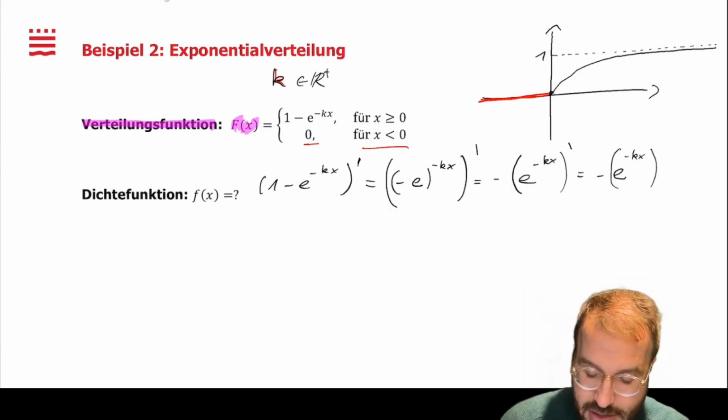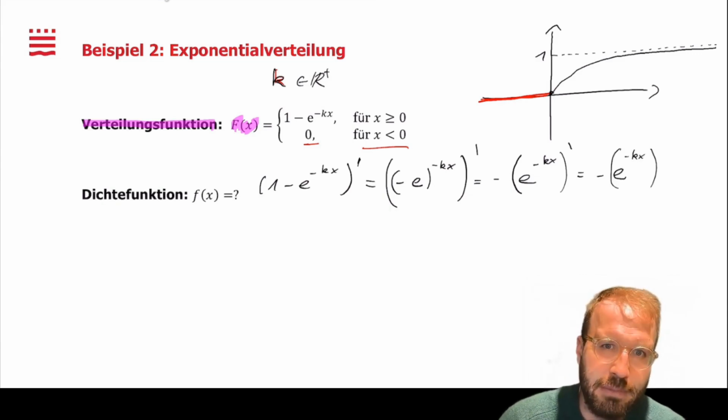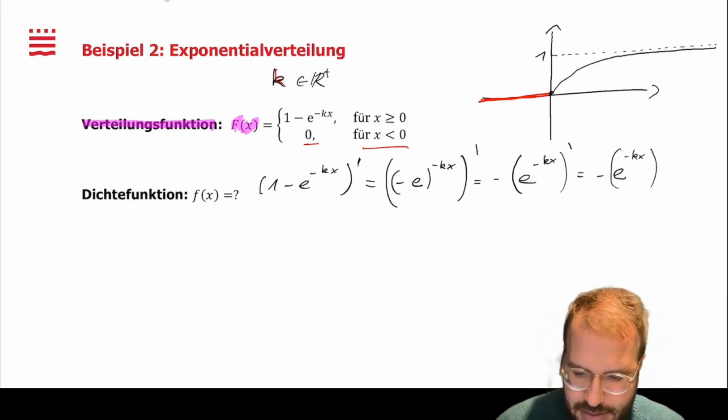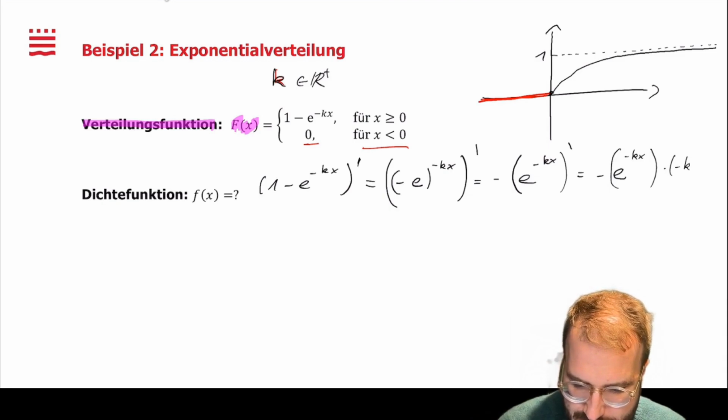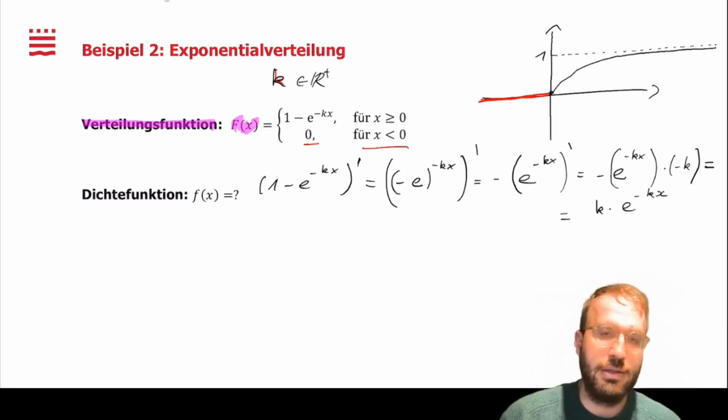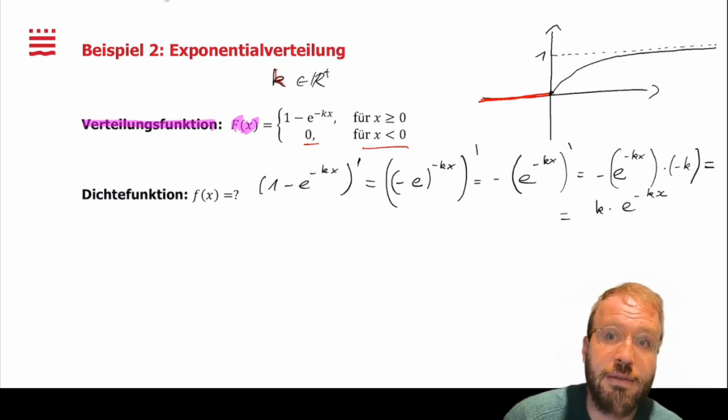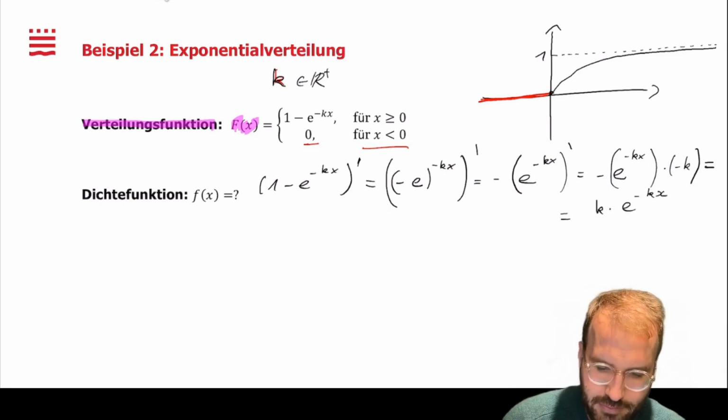The inner function is minus kx, and its derivative is minus k. So we end up with minus times minus k times e raised to the power of minus kx. So this is our density function. And for that, you need to have mastered the differentiation of functions.